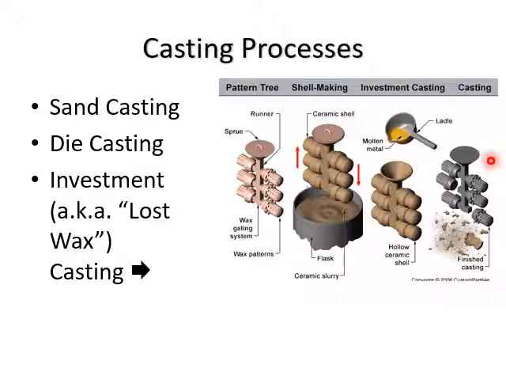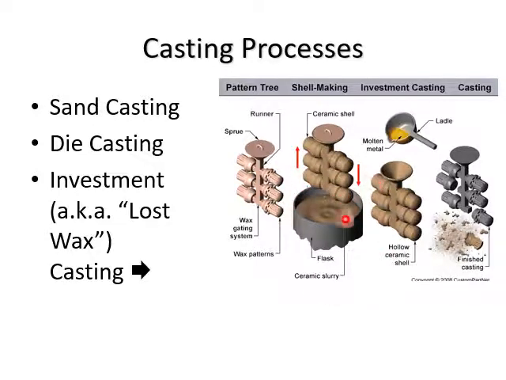Here is the method to produce a mold from a wax pattern. This one is investment casting. First you have to make a pattern tree, sometimes made from wax, usually one which easily melts at high temperature. And then this pattern tree is dipped into a ceramic slurry.